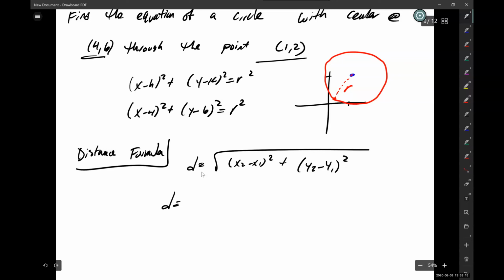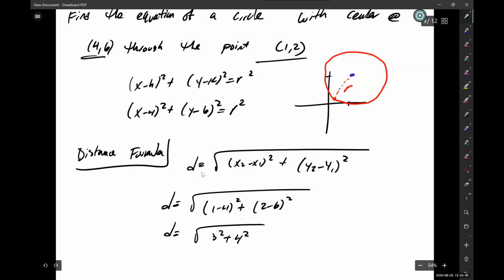That means we're going to have the square root of (1 minus 4) squared plus (2 minus 6) squared. 1 minus 4 is negative 3, squared, plus negative 4 squared. The square root of 9 plus 16, the square root of 25, which is just 5. So now we have our radius.